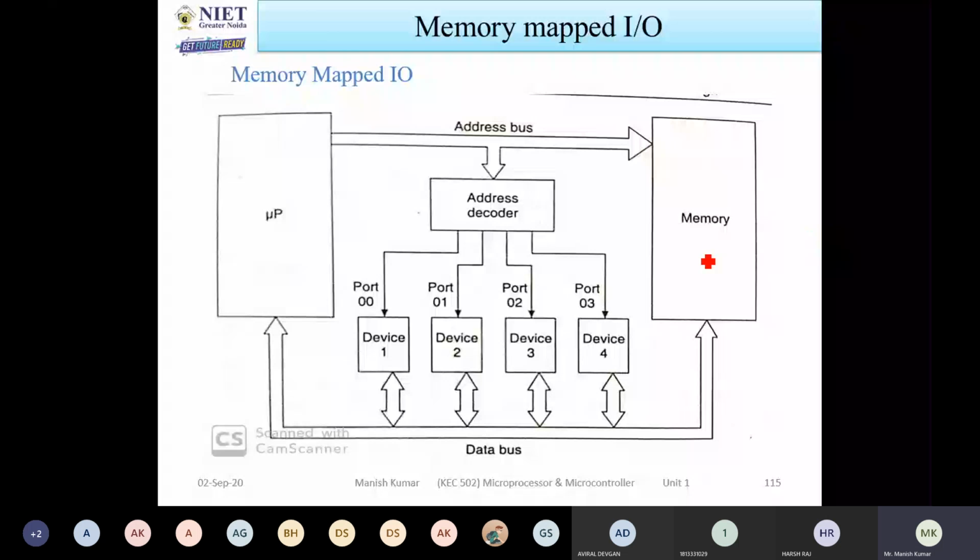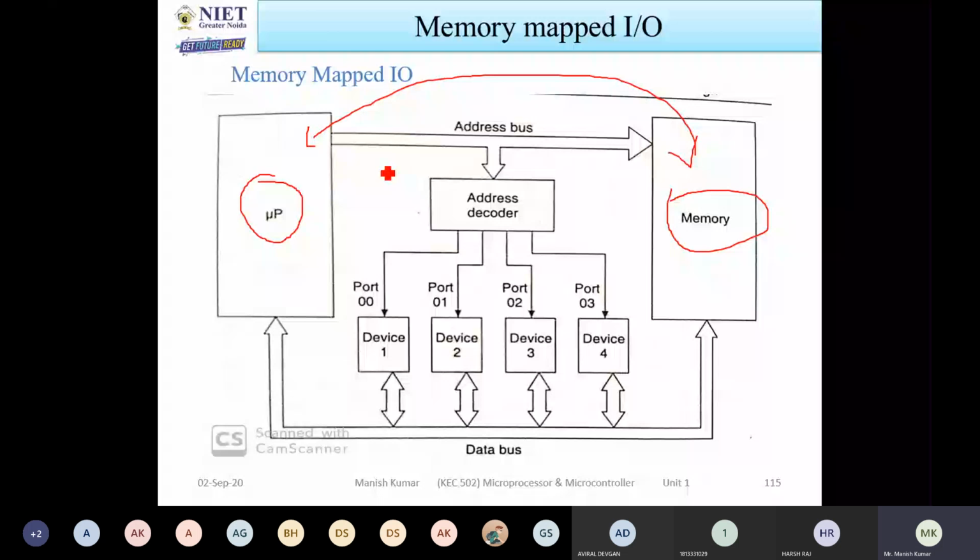This is the processor and this is the memory. You are interfacing the processor and memory, so it is called memory mapped input output interface. Now you can see, with the help of the address bus, you can create the address, correct?